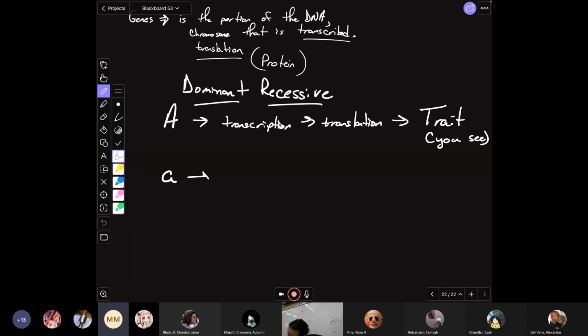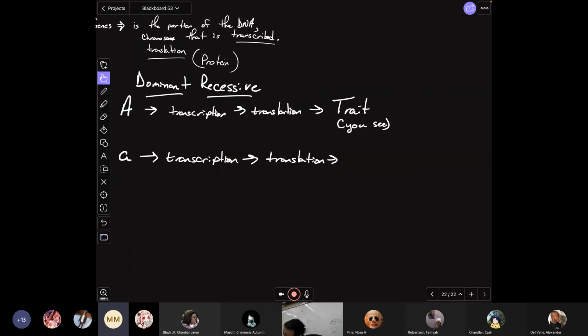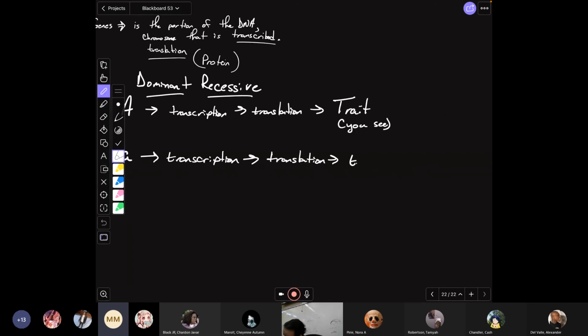Then gene little a does transcription, does translation. It wouldn't be a gene if it didn't do transcription. And finally, it leads to something. It's a trait. It produces a protein. Most of the time, a different protein is produced, and you don't see it.